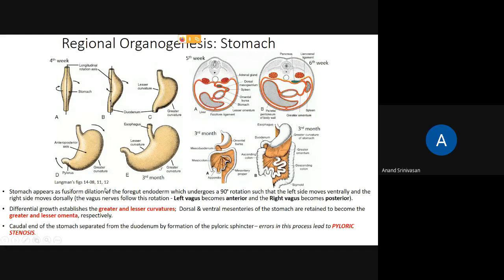The second change, after the rotation, is the establishment of the greater and the lesser curvatures. Once after the rotation, what happens? The left side part will grow at a much higher pace than the right margin.